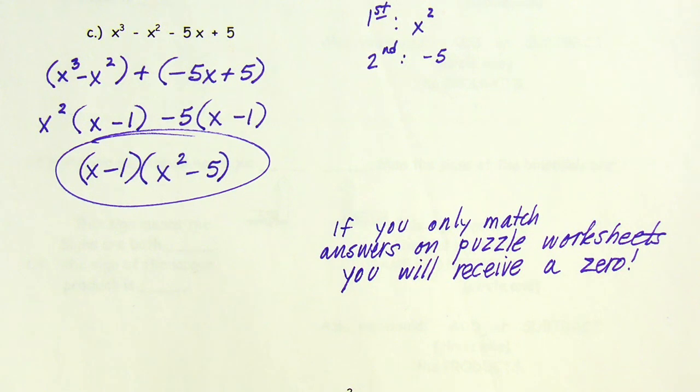So what I really want you to do is take a sheet of notebook paper, write the problems down, and show me the factoring that way. And then if you're interested in figuring out the puzzle to know if you're doing this correctly, then and only then. I'm not interested in the answer for the puzzle. Those puzzles are just there for you to have immediate feedback if you're doing this correctly or incorrectly.